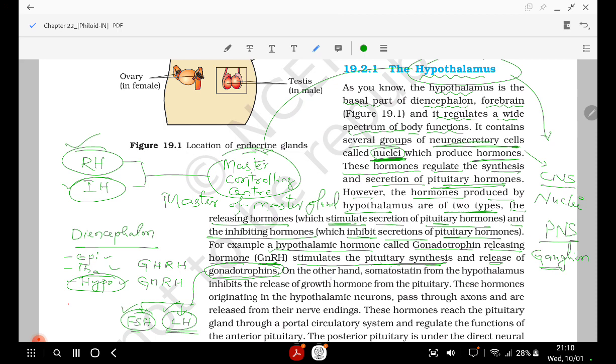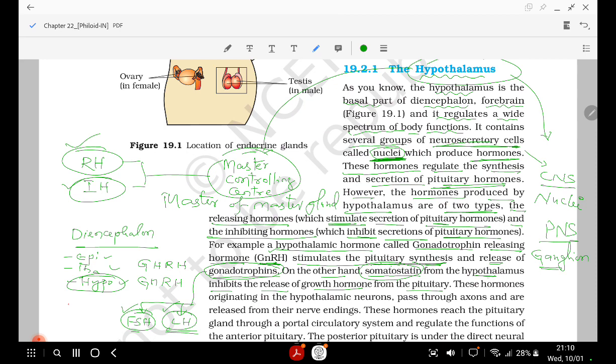On the other hand, somatostatin from the hypothalamus is an inhibiting hormone. Somatostatin from the hypothalamus inhibits the release of growth hormone from the pituitary.